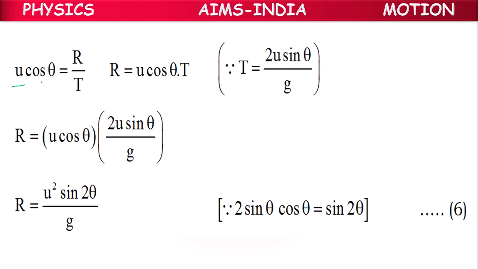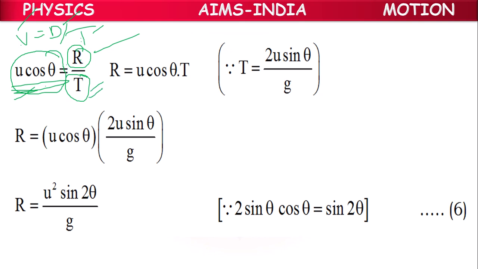So we have velocity equal to displacement by time. In the place of velocity, we can take the horizontal component u cos theta. In the place of distance, we can take range R. In the place of t, we can take time of flight, capital T.